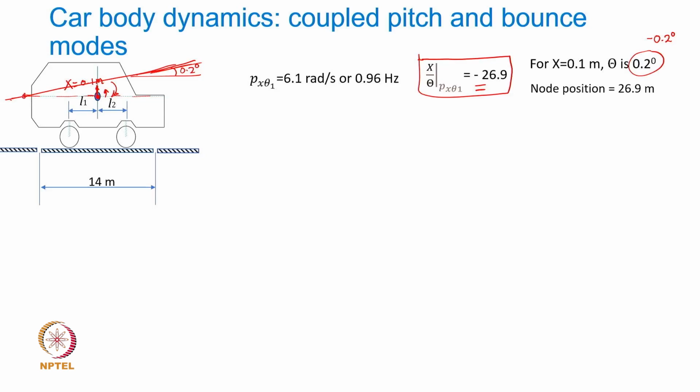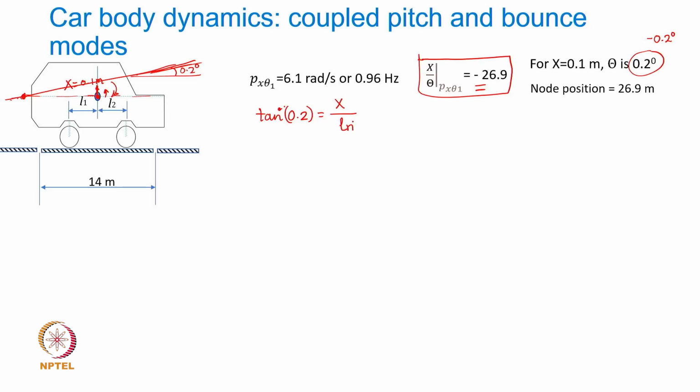So this is the location where this line is going to intersect the normal mean equilibrium position line. Now this point can be obtained easily because tan of 0.2 is going to be capital X over ln, I will call this.